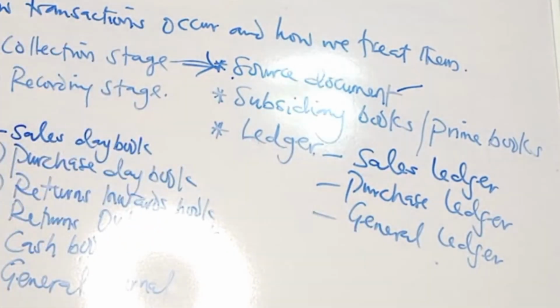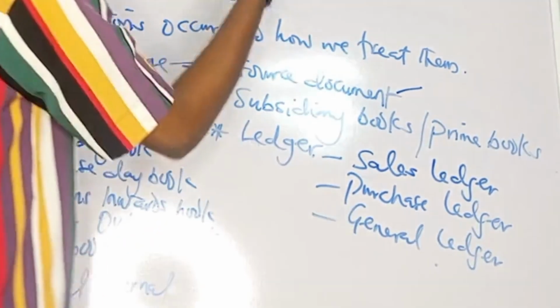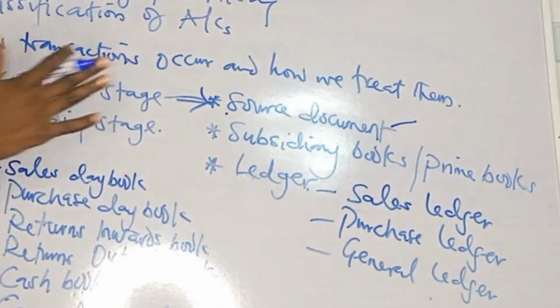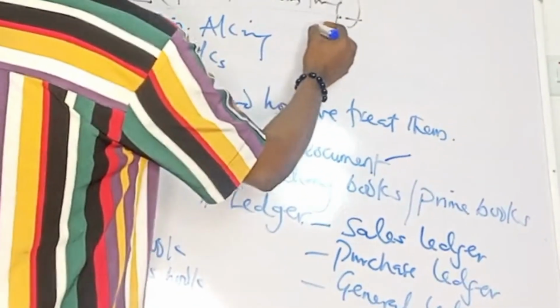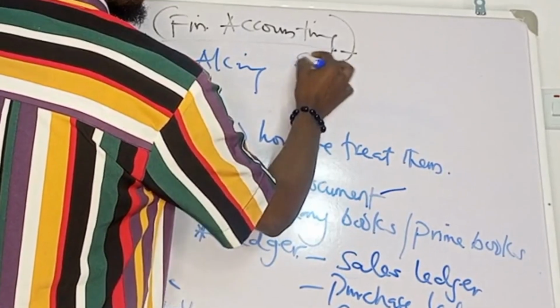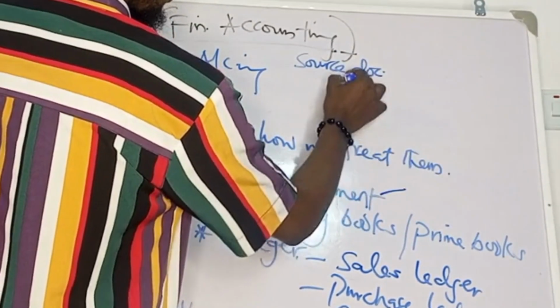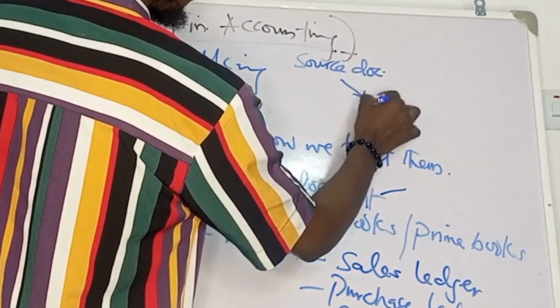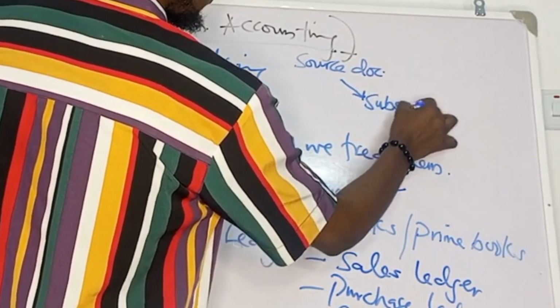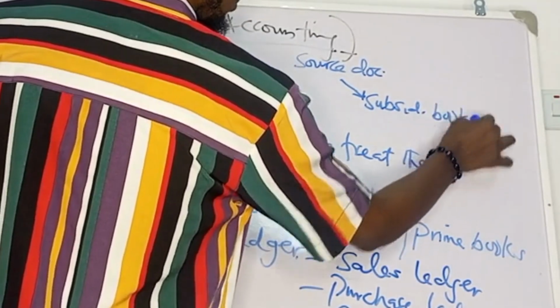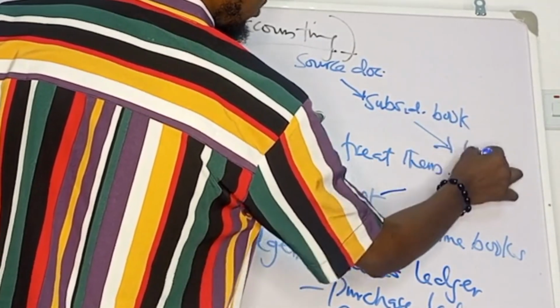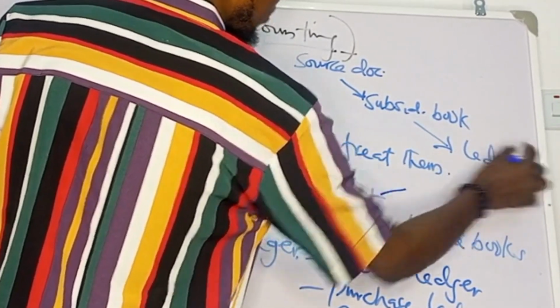So in a nutshell, this is how transactions occur. We have the source document, we have the subsidiary books, then we have the ledger. So this is the process.